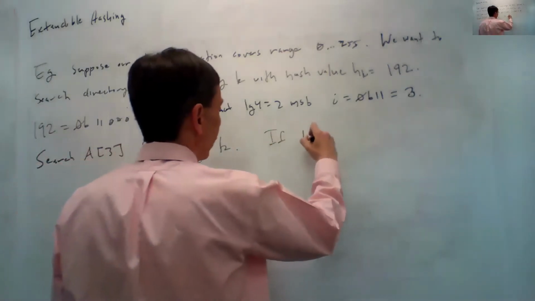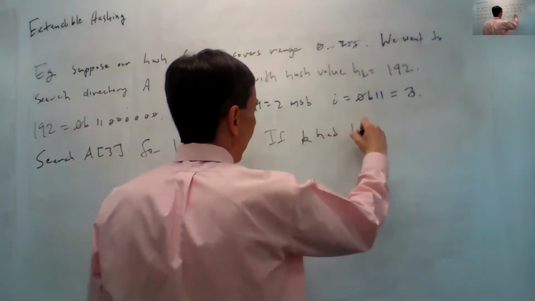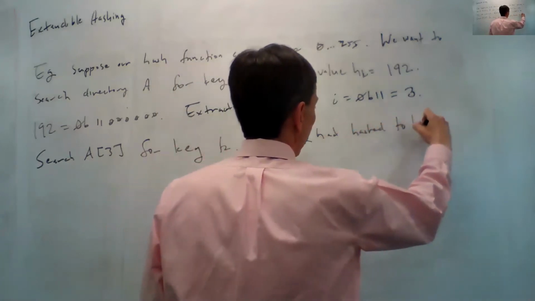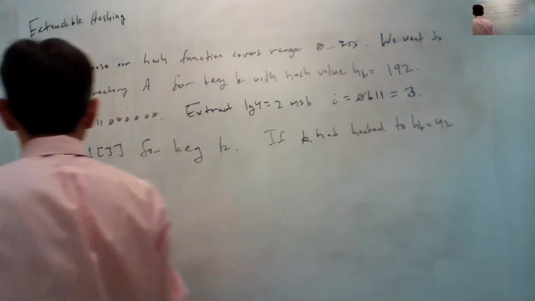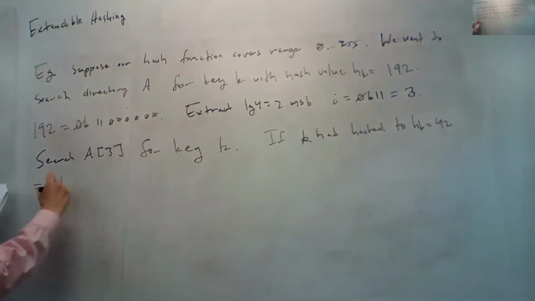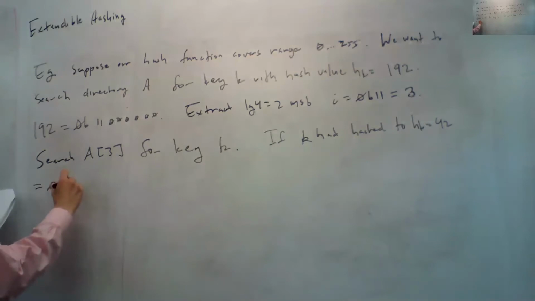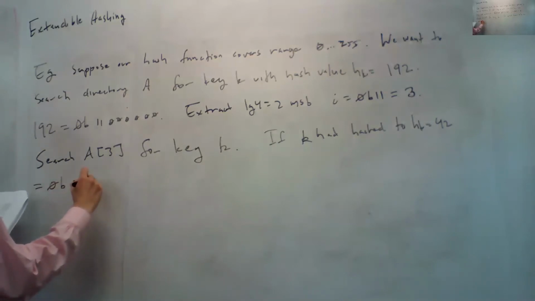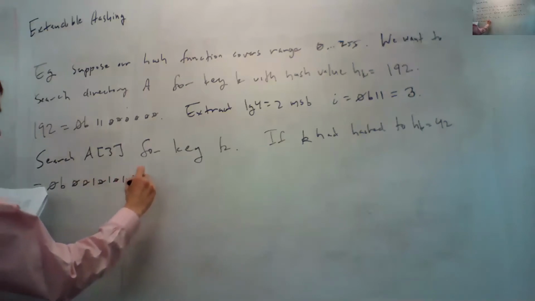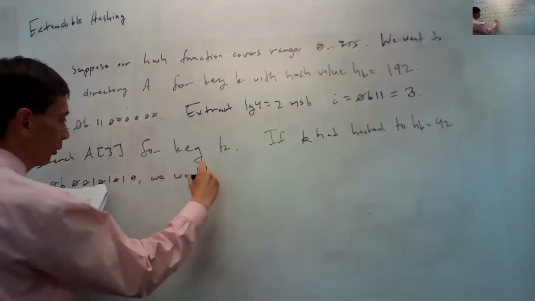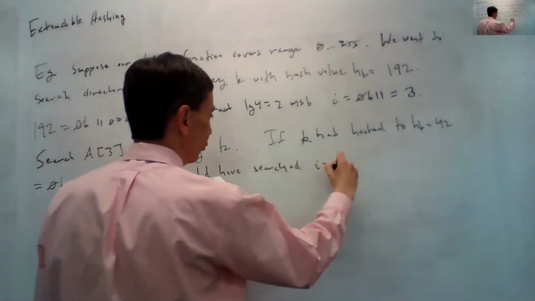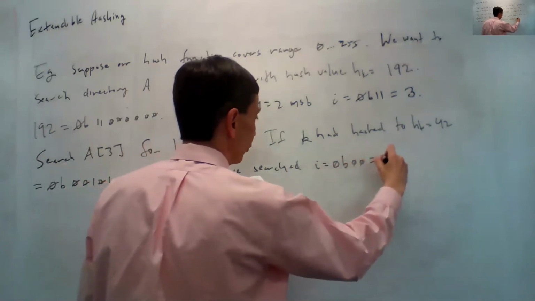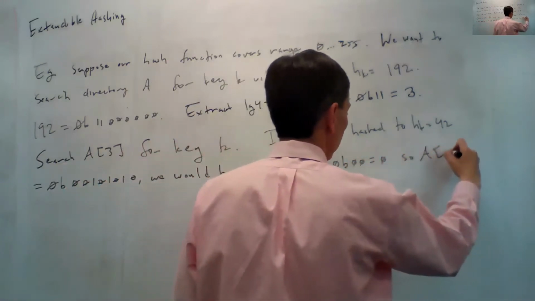If K had hashed to HK equals 42, which equals the binary value of 0, 0, 1, 0, 1, 0, 1, 0, we would have searched I equals 0, so A sub 0.